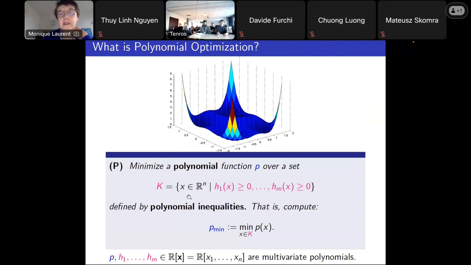So such a set K is closed. It's a basic closed semi-algebraic set. So we want to compute the minimum of p over this set K. And the characteristic of a polynomial optimization problem is that all the functions, the objective p and the constraints h, are all polynomials, multivariate polynomials. So this is the setting.